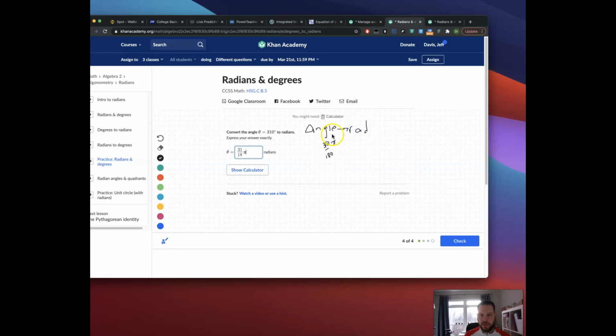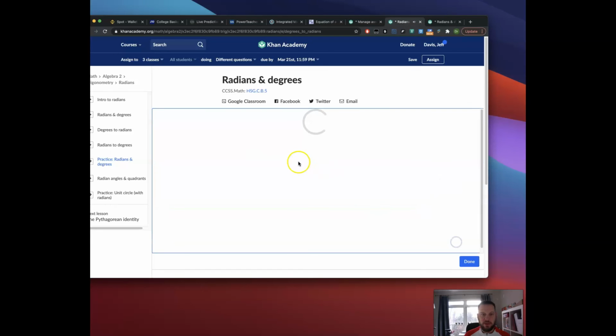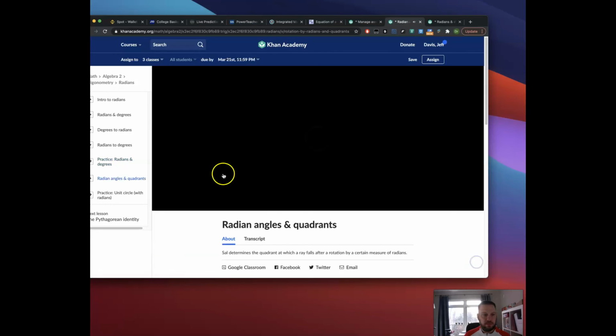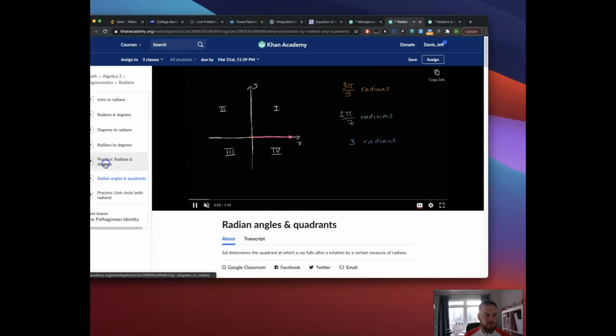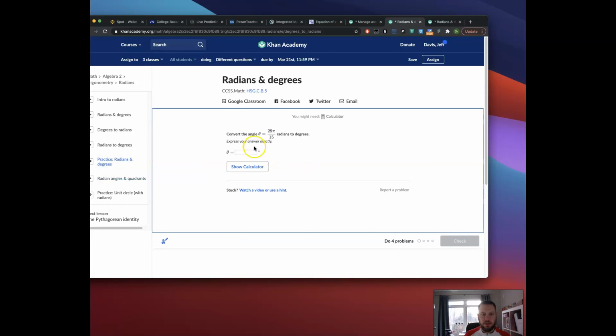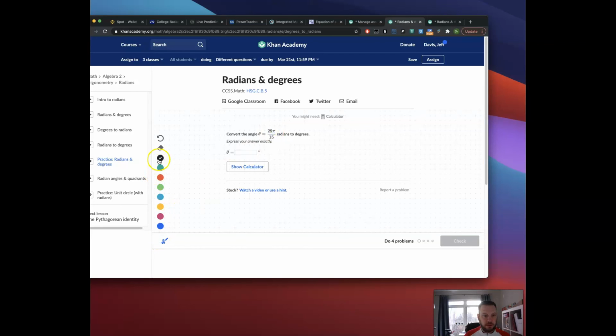You just put it over 180, put a pi there, and reduce. And then the other direction, if you see pi in the equation, basically you just cross that out, put a 180 in its spot and multiply, and just use your calculator. So 29 times 180, then divide that by 15. This comes out to 348.